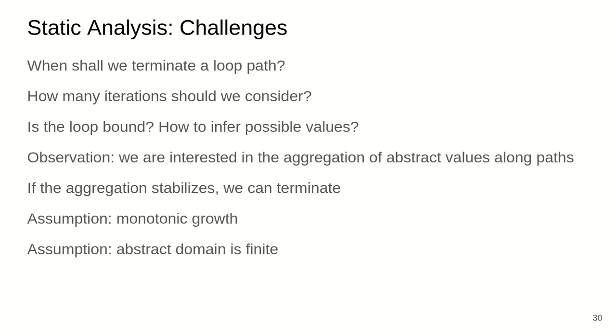Can we just grow monotonically and assume that the domain is finite, right? There's a lot of different aspects that we have to consider depending on the static analysis that we are implementing, right? So there's a lot of interesting things that you need to consider if you want to develop your own static analysis based on a certain property you want to test.